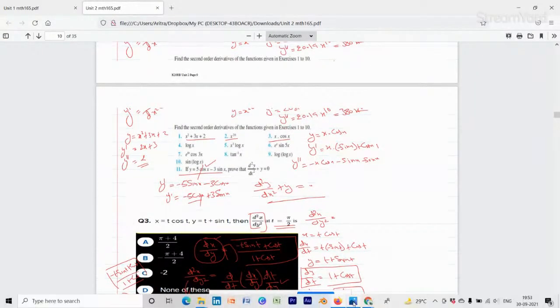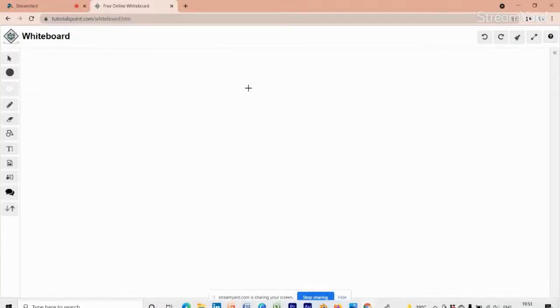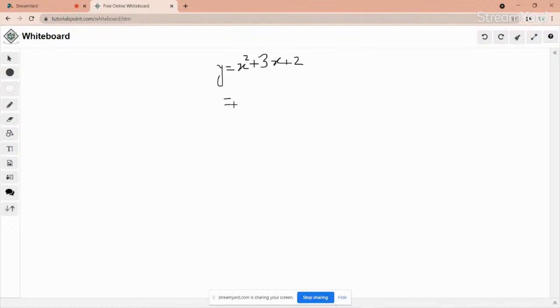Let's solve this one. y dash is equal to, first we're differentiating it, so it will be 2x plus 3.